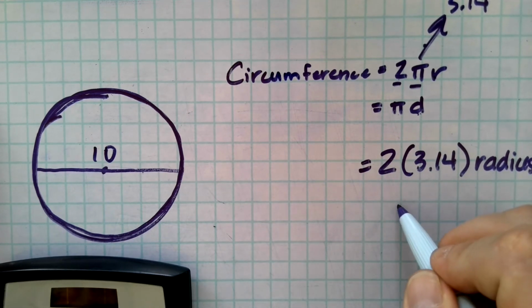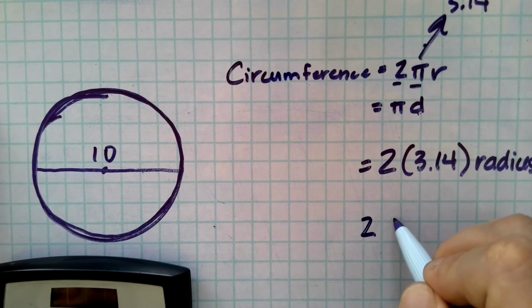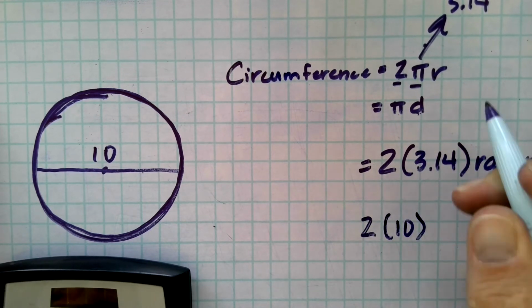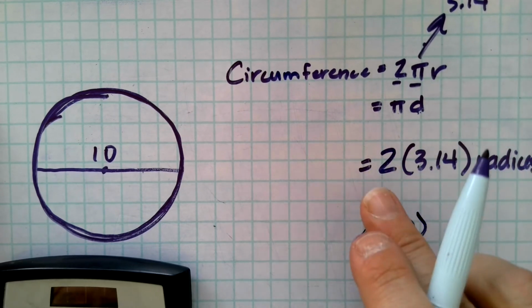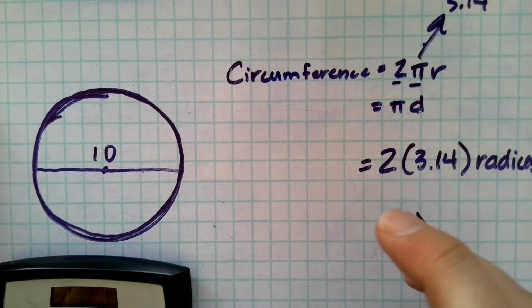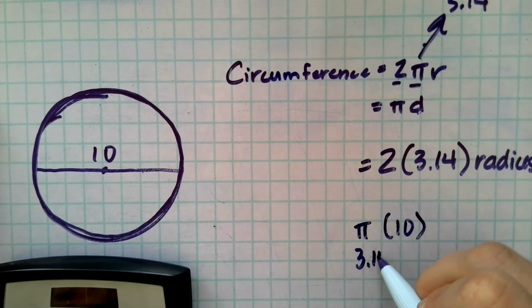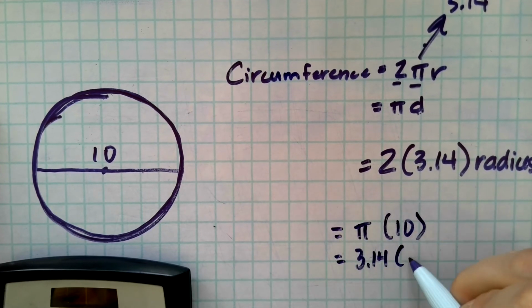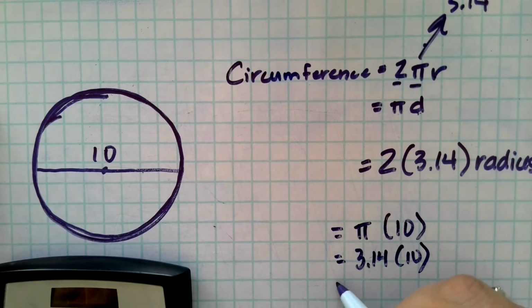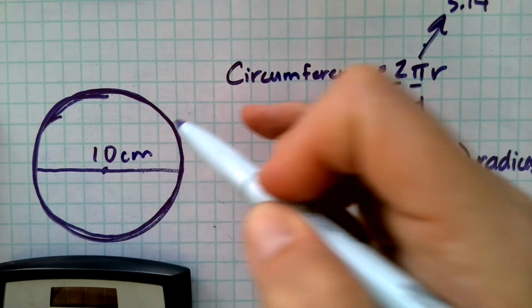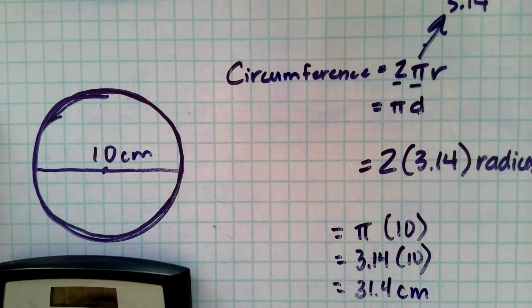Sorry, it's not 2 times that. It would just be pi times the diameter, right? So 3.14 times 10, we just moved the decimal one place, 31.4. Okay, and we would have to look at our units. That was centimeters, so it would be centimeters there.